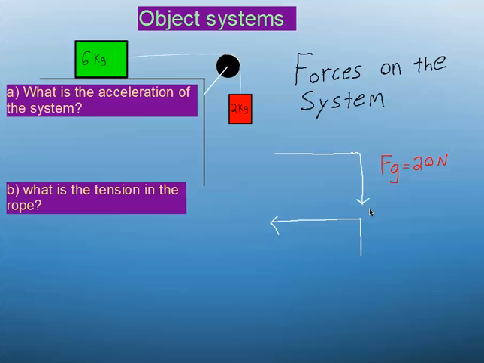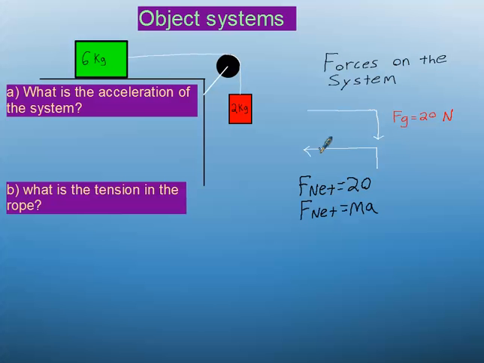If I look at the forces pushing the entire system in this direction, there's a downward force of gravity of 20 newtons coming from this block that's trying to pull everything that way. And in the other direction, there's no friction on it, so there's no forces stopping the red block from moving this thing. That's why it's going to accelerate, because there's a net force here.